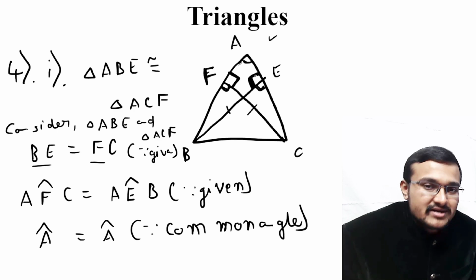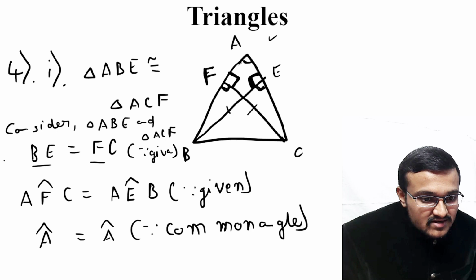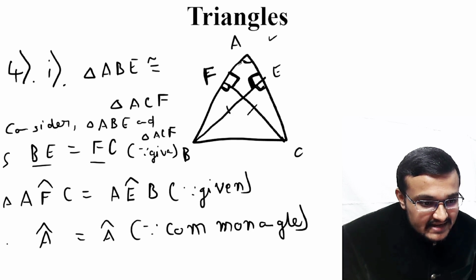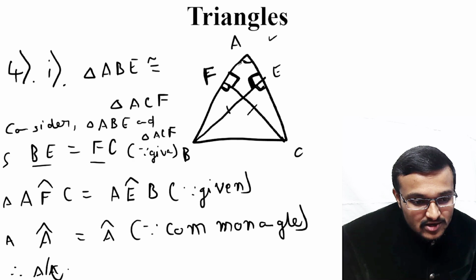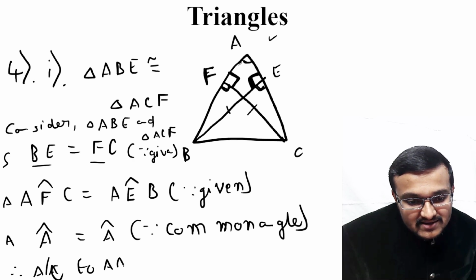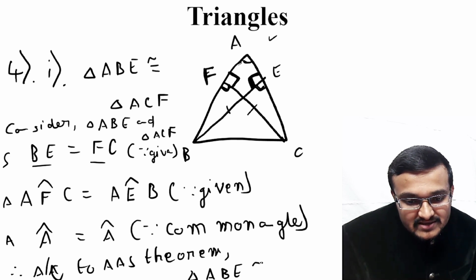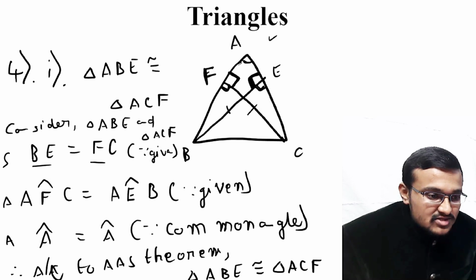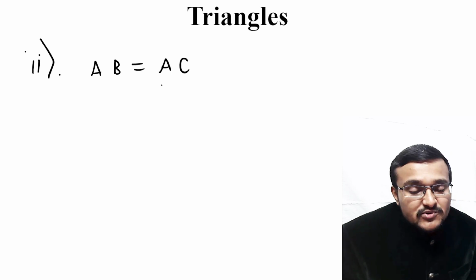The diagram I have already written in the previous question, you can refer to that. So here side, angle and angle, that means according to the angle side theorem, triangle ABE is congruent with triangle ACF. So that's it, this is the first question's proof.